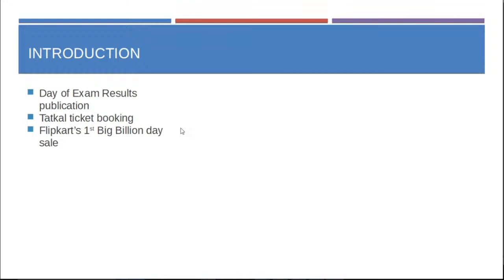India is a huge country with a huge population, and for getting tickets in an emergency, you have to do the Tatkal booking. With Tatkal booking, it is also difficult to get the tickets, right? But getting the tickets and accessing the application are two different things. So I'm referring to the accessing of the railway booking application during Tatkal ticket booking.